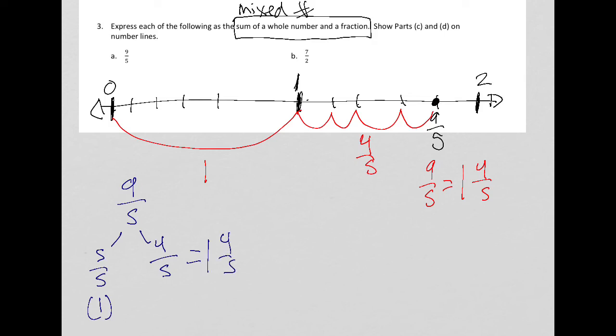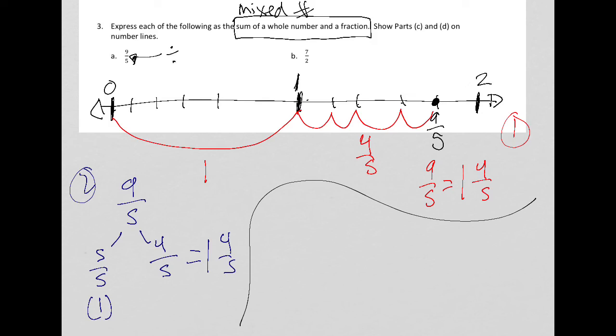The third way, so we'll call this way number 1, we'll call this way number 2, and then the third way that you can go from a fraction greater than 1 to a mixed number is by doing division, because I know that this little fraction bar is the same thing as a division sign.